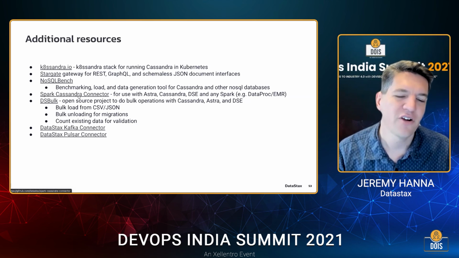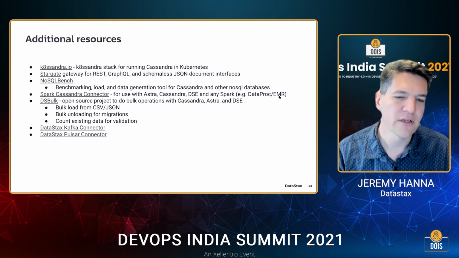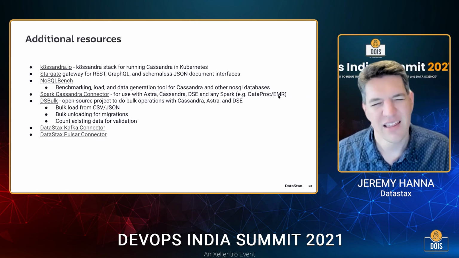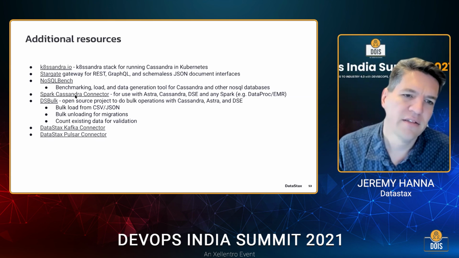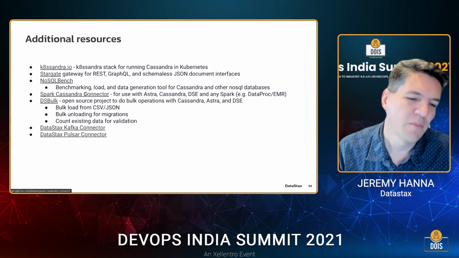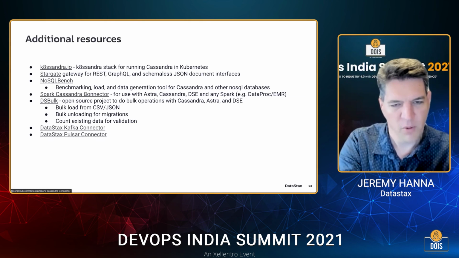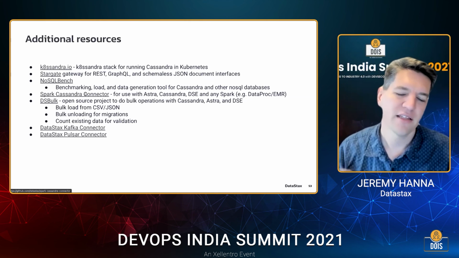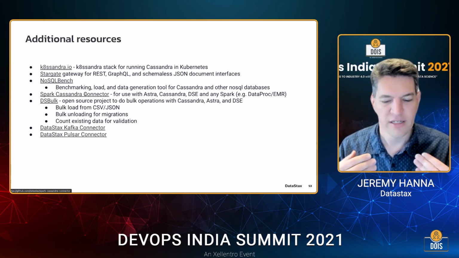So the Spark Cassandra connector is very well optimized for using any Spark, so Dataproc and EMR included, Google and AWS, and I think HDInsight in Azure, and operating on data in the cluster. You just want to be a little bit careful, because if you have a real-time database, you probably want to have additional capacity. And sometimes we recommend that you have an alternate data center.